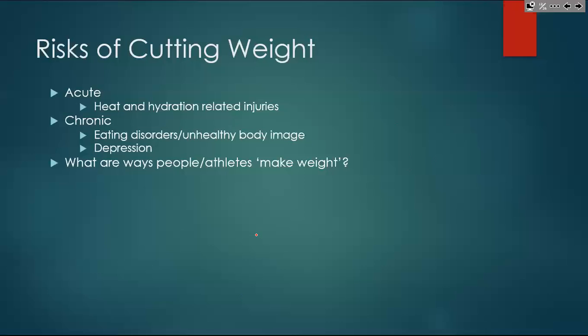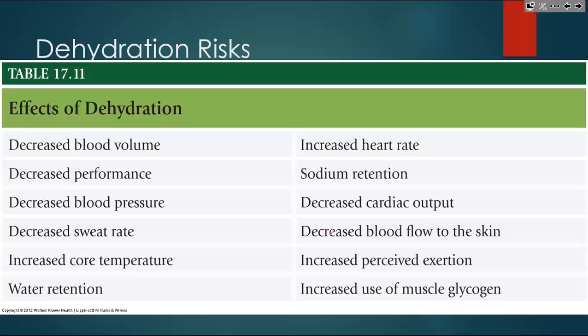You're risking dehydration injury, which can be very bad. If you've ever been dehydrated, athletic performance is probably not going to be at its peak for you, especially if you purposely get severely dehydrated just to qualify for your match. And there's all your nice dehydration risks.